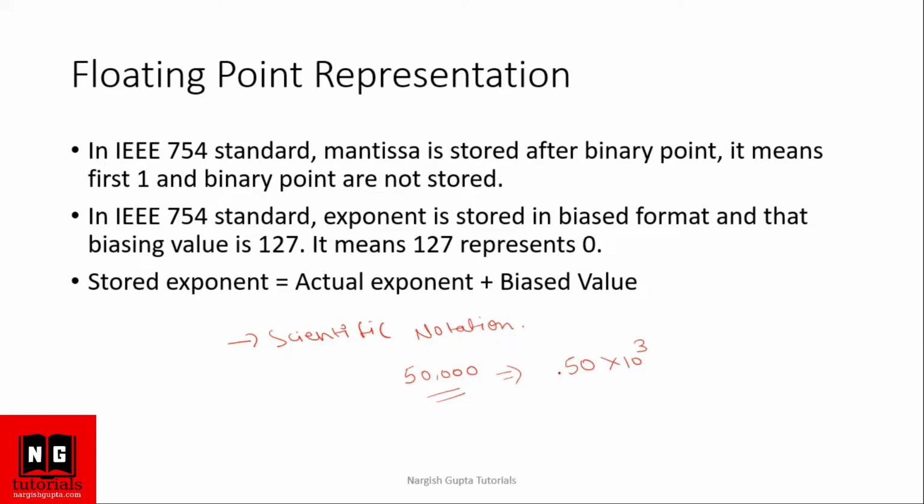So this is the scientific notation of the number. Here, this 50 is the mantissa, this 10 is the base, as this number is in decimal, and this 3 is the exponent. So floating point representation is the scientific notation also, and we can represent our number in this form.